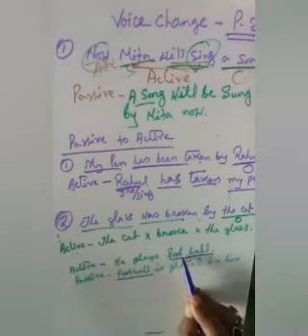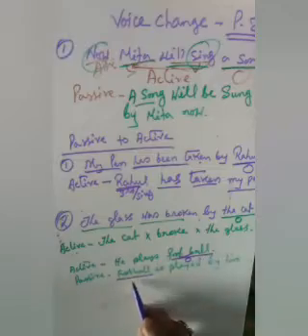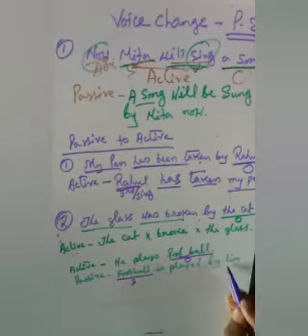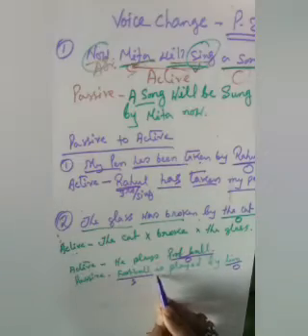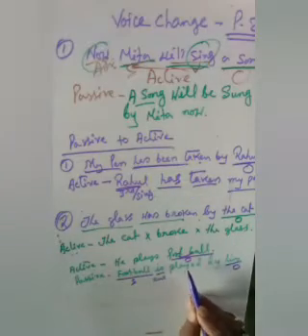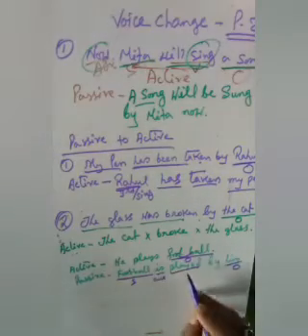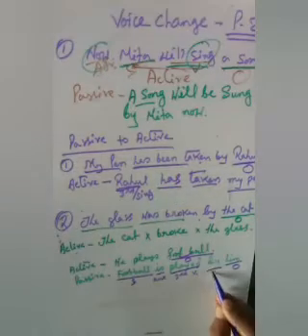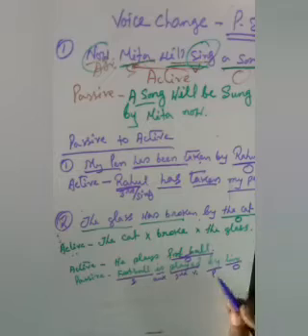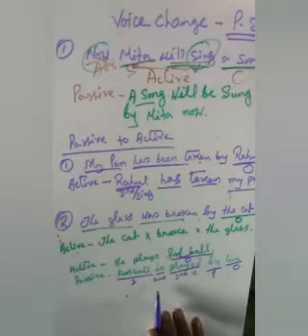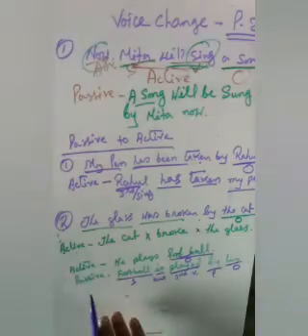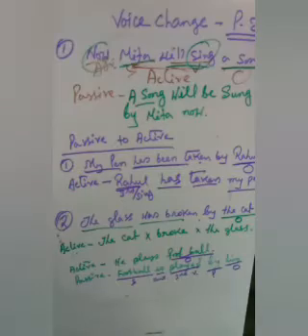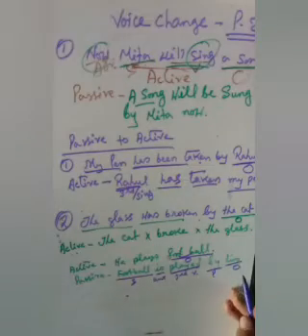The object had been converted to subject, the subject had been converted to object, an auxiliary verb was used, the third form of the verb is used, and a preposition is used before the object. So these were the 5 rules that were followed to take it from active to passive, and the same rule is reversed to take it from passive to active.